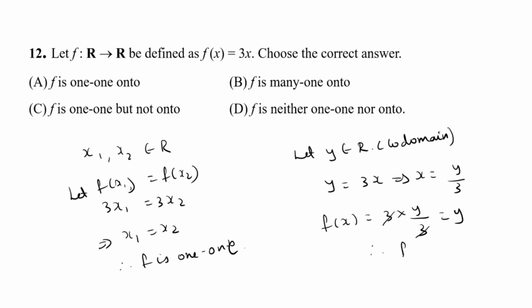Therefore f is onto. So among the four options, 1 to 1 onto, many to 1 onto, 1 to 1 but not onto, neither 1 to 1 nor onto, A is the correct option. Since f is 1 to 1 and f is onto.